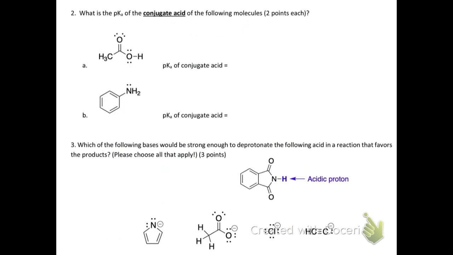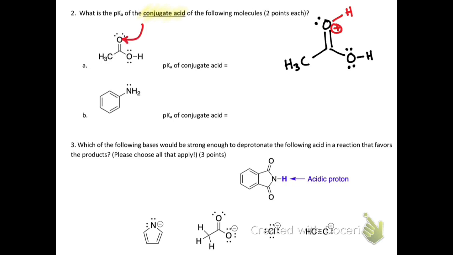In problem 2, we're trying to find the pKa of the conjugate acid of both of these chemical species. So let's consider the first one, acetic acid. If we look at the conjugate acid of acetic acid, it turns out we can consult our pKa table to figure this out, but the oxygen that accepts the proton is actually this oxygen here.